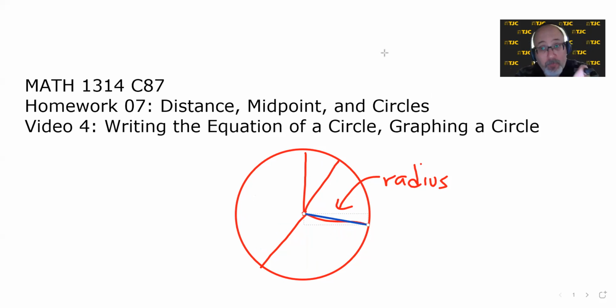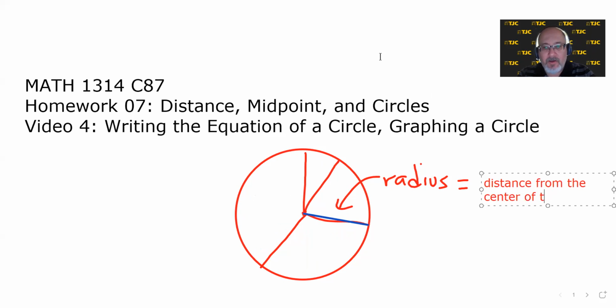But in an algebra context, the radius is just, and I'm going to type this because it'll be cleaner and easier to read, the distance from the center of the circle to any point on the circle.